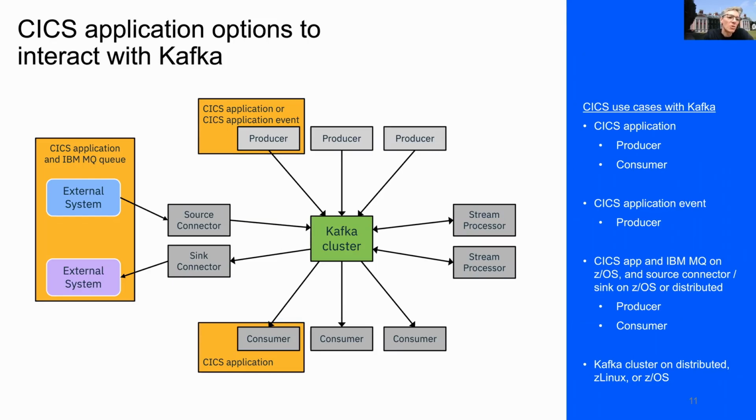It would link, or issue an EXEC CICS START to process that data, or use the async API, something like that. And then, as I mentioned, you could really just use CICS and MQ traditionally as you do today, and then use one of the source connectors or sink connectors to get data in and out of Kafka.